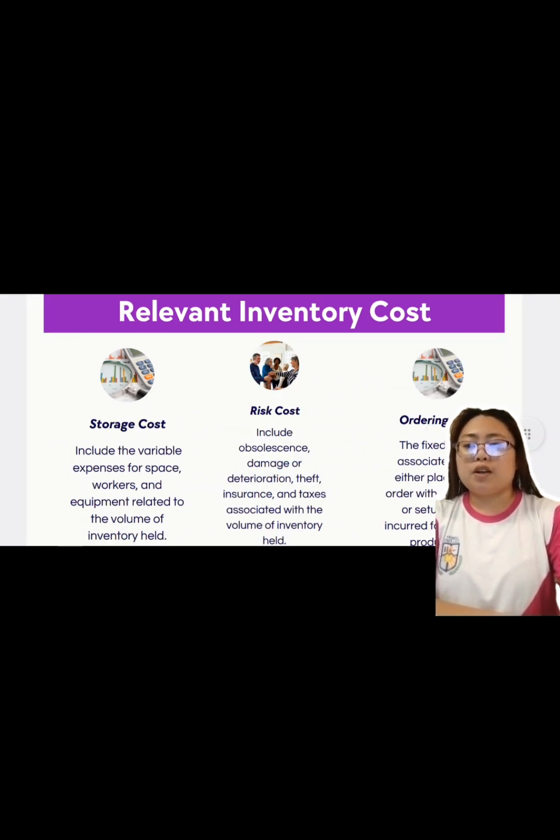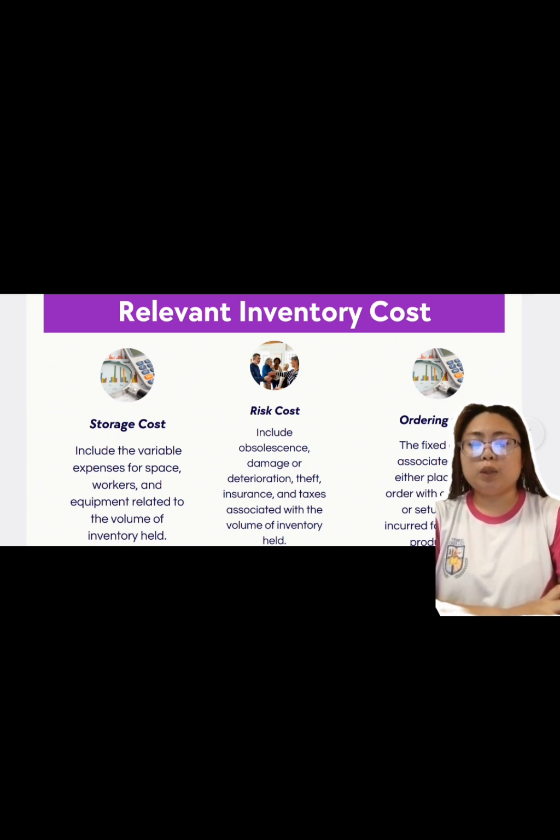And the storage cost includes the variable expenses for space, workers, and equipment related to the volume of inventory held. And the risk cost includes obsolescence, damage or deterioration, theft, insurance, and taxes associated with the volume of inventory held.